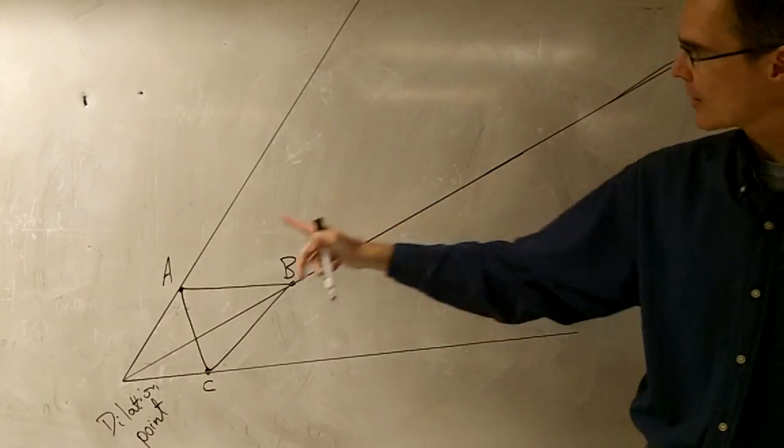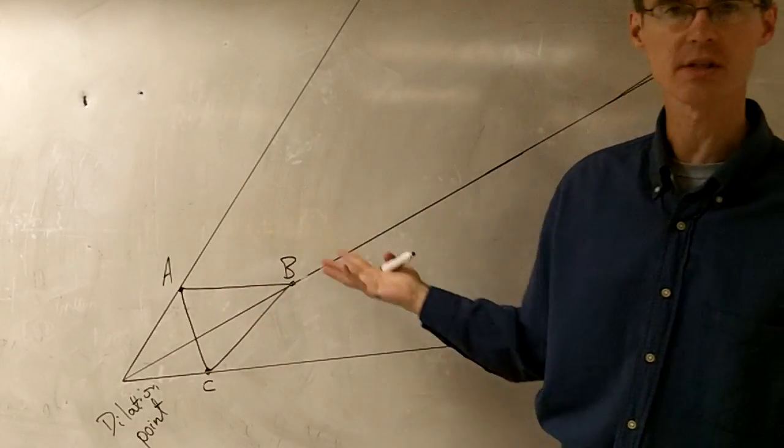Alright, so after I have my lines drawn here, I've got three vertices, so I'm just going to have three lines.